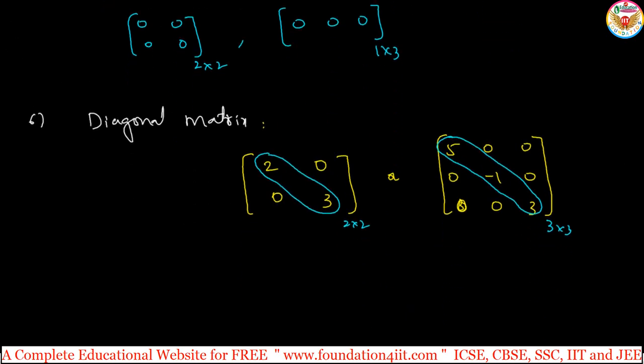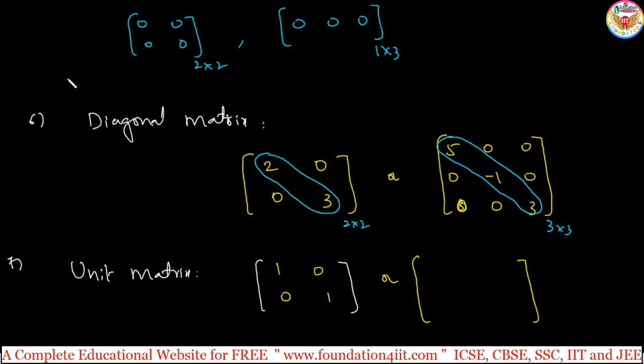Right. Now, based on the diagonal matrix, we have one more type, the unit matrix. A unit matrix is a diagonal matrix whose diagonal values are always 1, and the remaining are zeros. Here we have 2, 0, 0; it must be 1, 0, 0, 1. All the diagonal elements must be only ones.